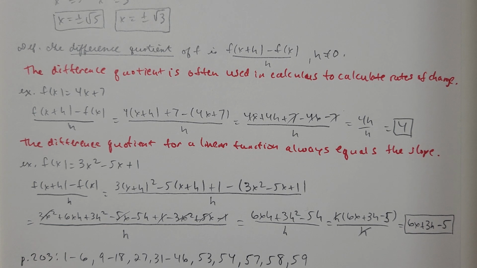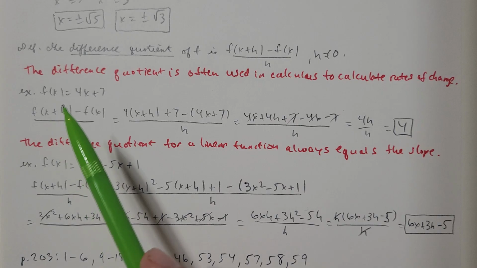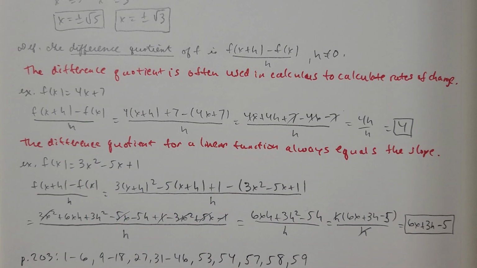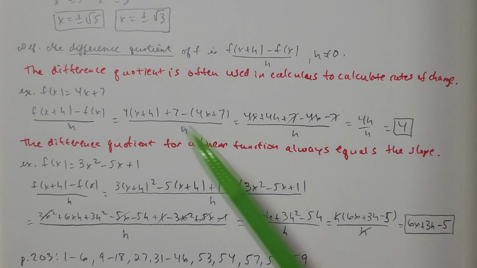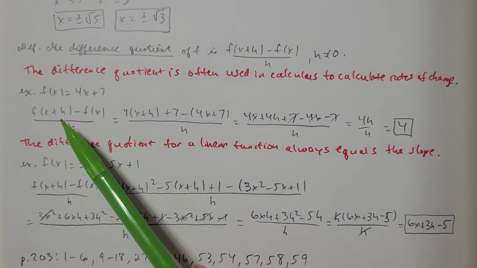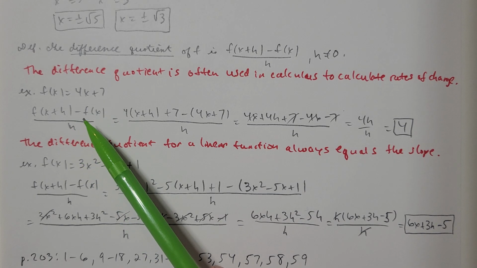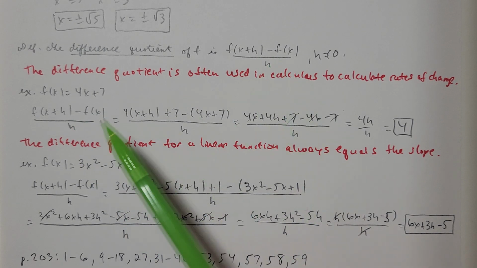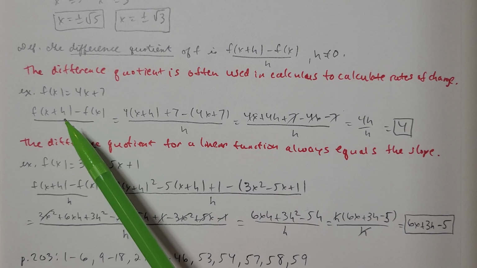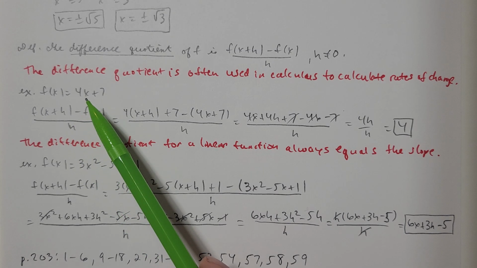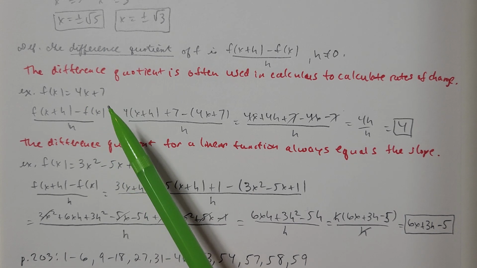Okay, so what if I had the function f of x equals 4x plus 7? Let's compute the difference quotient of f. So, I'm going to say f of x plus h minus f of x all over h. So just use the formula. f of x plus h means that wherever I see an x in f, there's only one x showing, I need to replace that with x plus h.